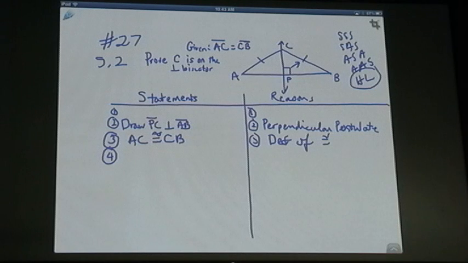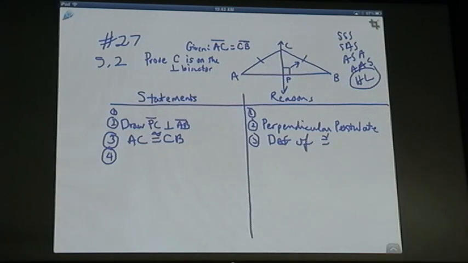How do we know that these are right triangles? Well, we said that we were going to draw PC perpendicular to AB. And what does a perpendicular line form? So we would say angle CPA and angle CPB are right angles. And how do we know that?